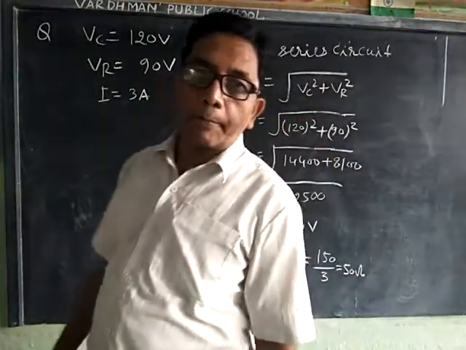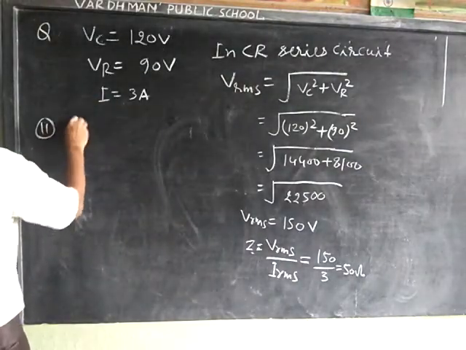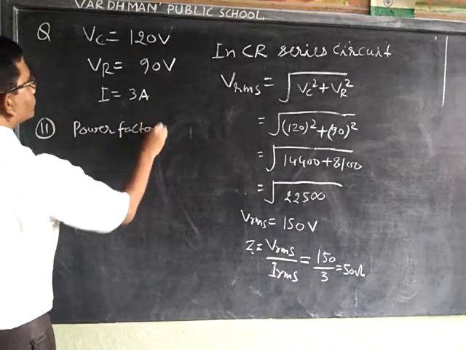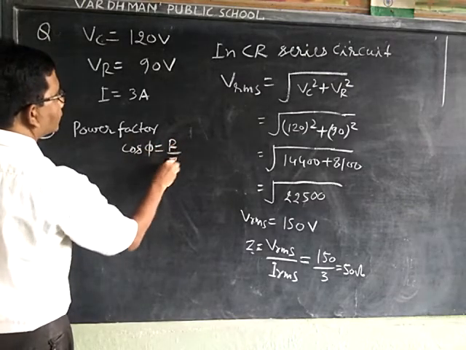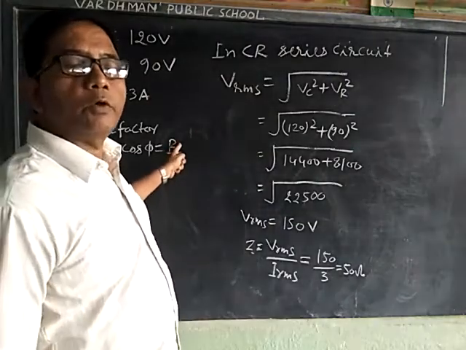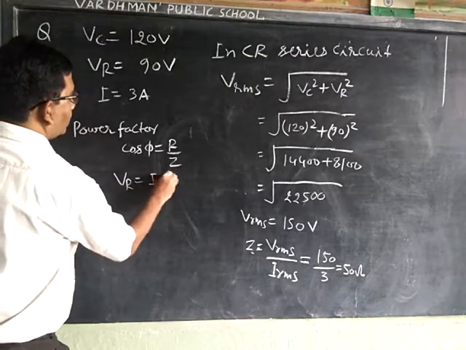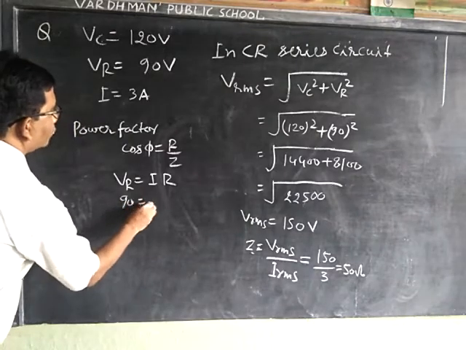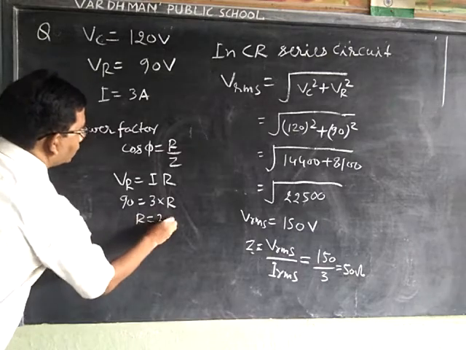In the second part, we have to find the power factor. Power factor cos phi is equal to R upon Z. First we will calculate R. Now we know VR is equal to IR, so 90 is equal to 3 R, then R is equal to 30.